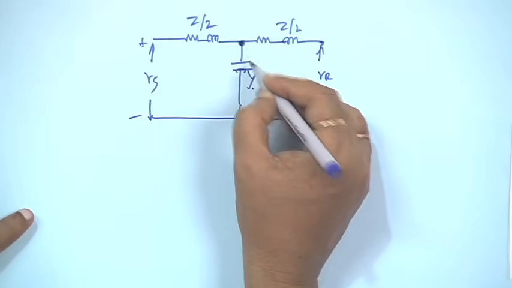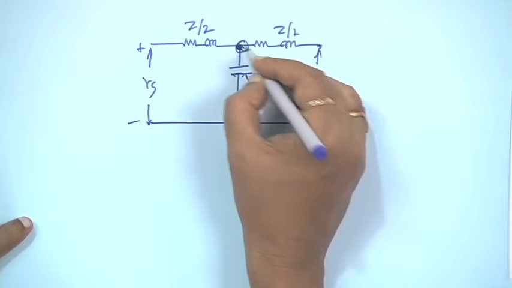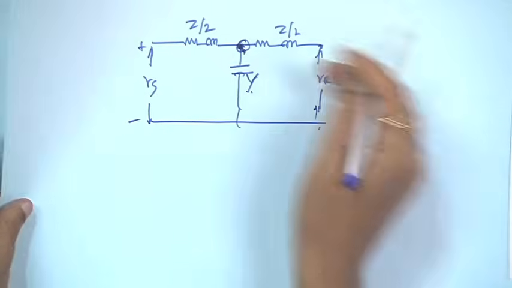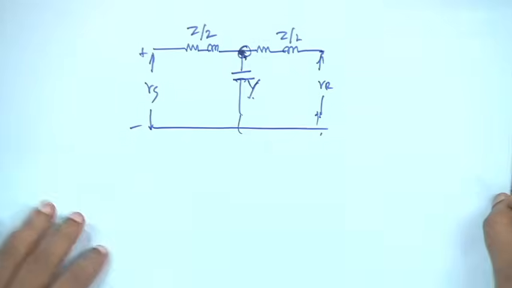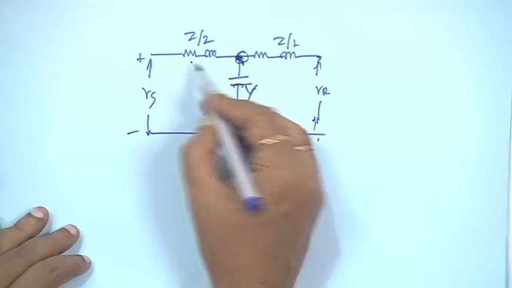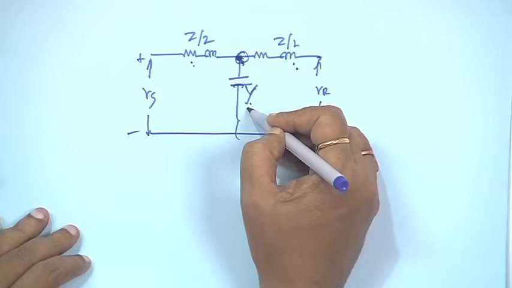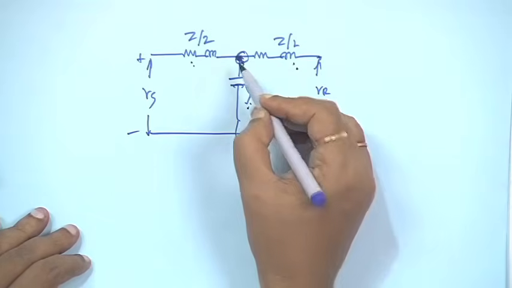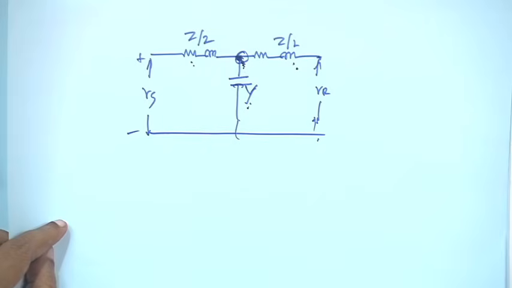If you use a T network, then you are creating one additional node. So, your problem will become more complicated. The line impedance is made half on this side, total is Z, this side Z by 2, and if you put Y, the only problem is that we are creating one more node.